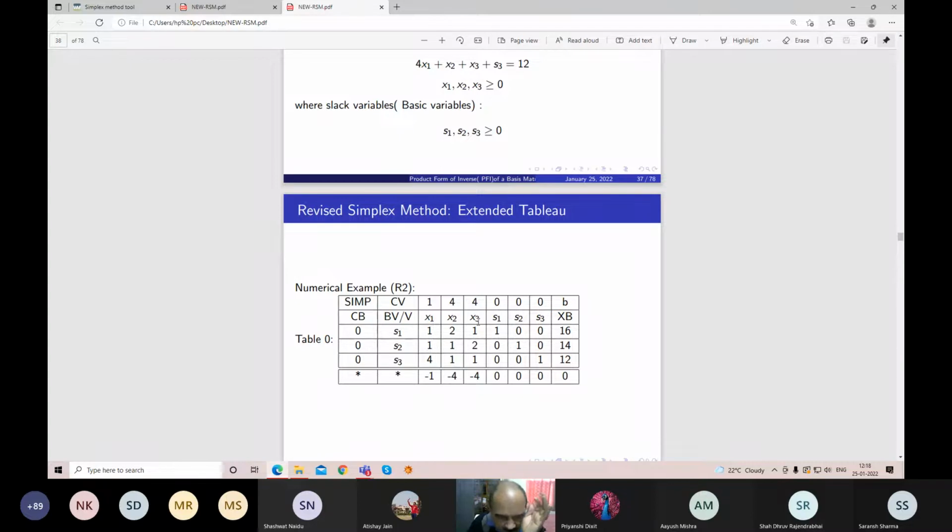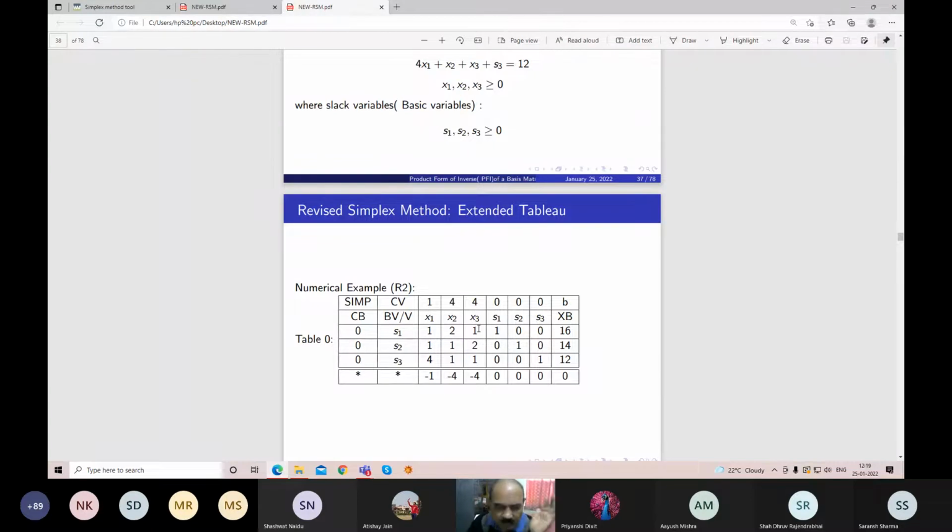With respect to variable x3, there is a column with elements 1, 2, 1. So we name the first column P1, second column P2, third column P3.